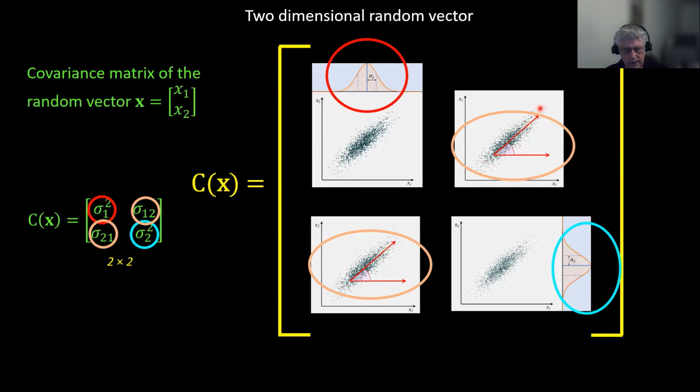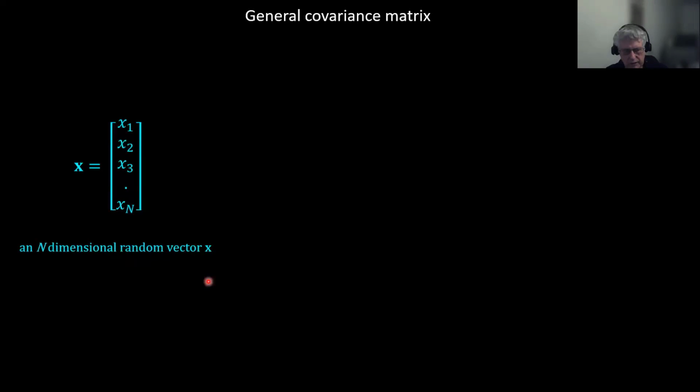That is the propensity for this swarm of dots to be not parallel to the x1 or x2 axis. If this swarm was parallel to the x1 or x2 axis, x1 is independent of x2 statistically, and these off-diagonal elements would be 0.